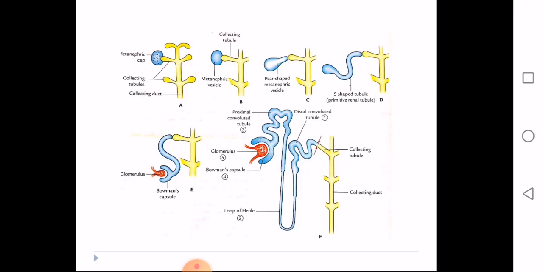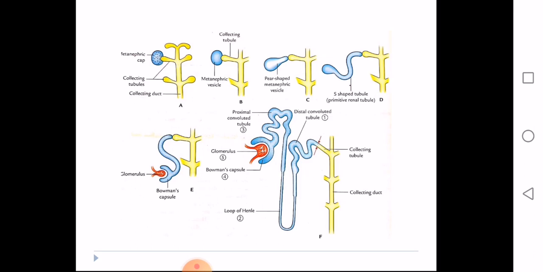This S-shaped part is now called the primitive renal tubule. The proximal end of this S-shaped tubule is in contact with the collecting tubule, but there is no opening at present. It is still closed.